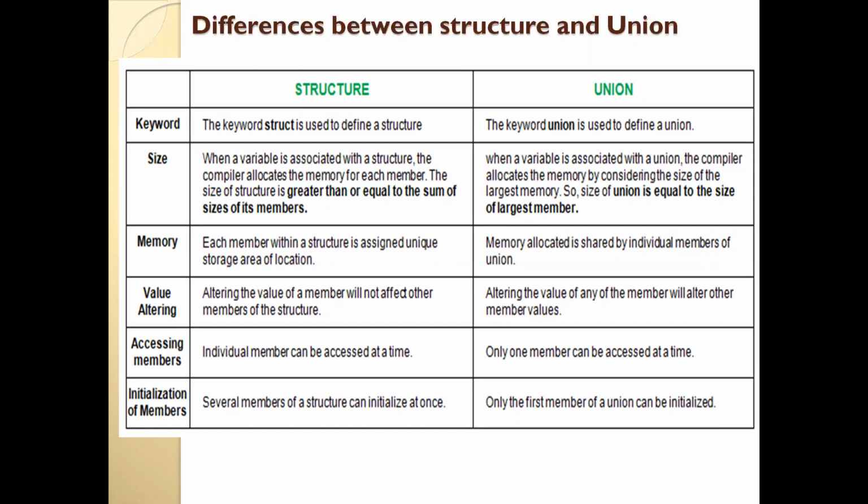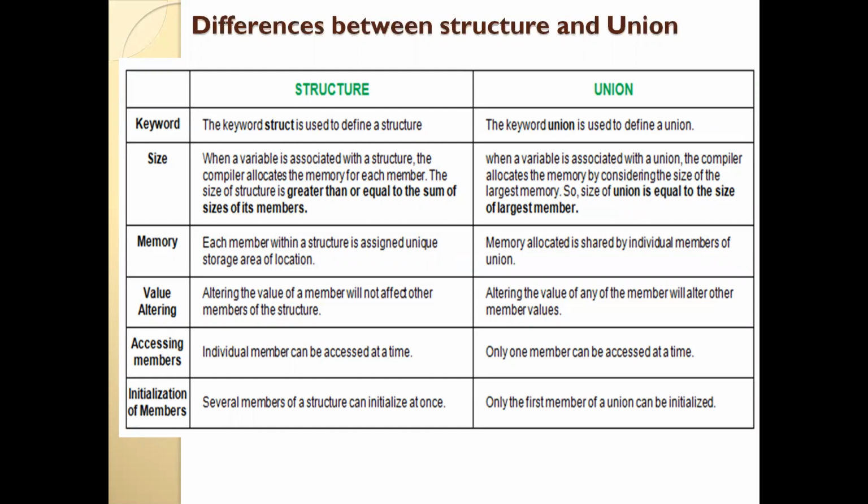The second difference is in the size of structure and union. In the case of structure, memory will be allocated for all the members, so the memory allocated is more than union. But in case of union, the memory will not be allocated for all the members. The memory will be allocated for only the member which takes the highest size, and only that memory will be shared by all the members.